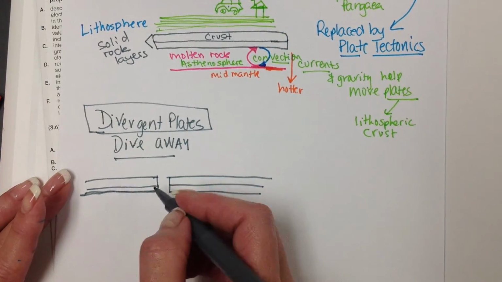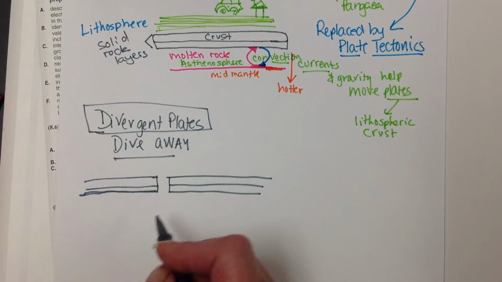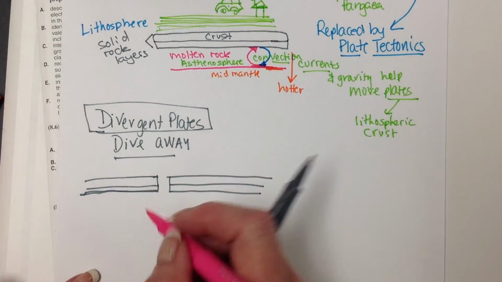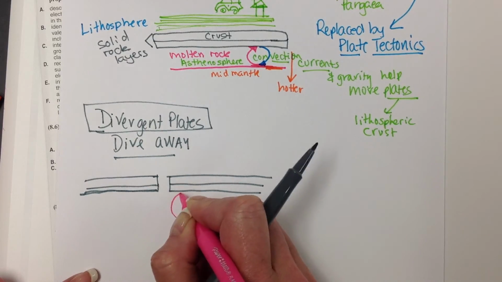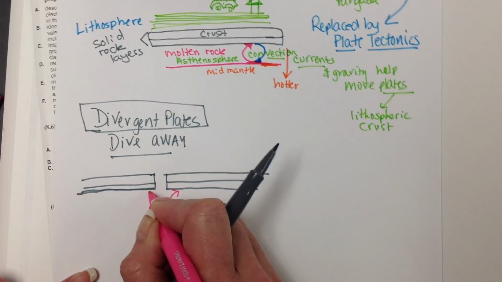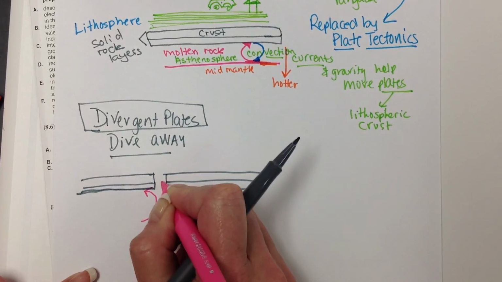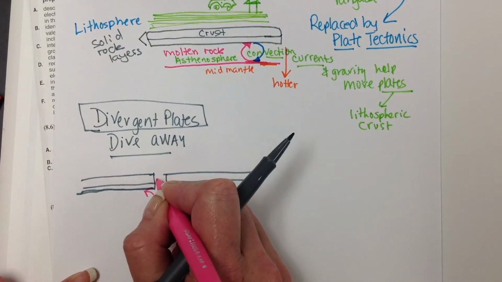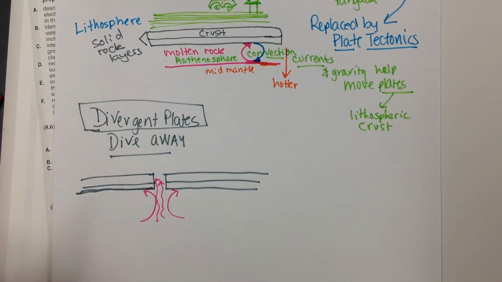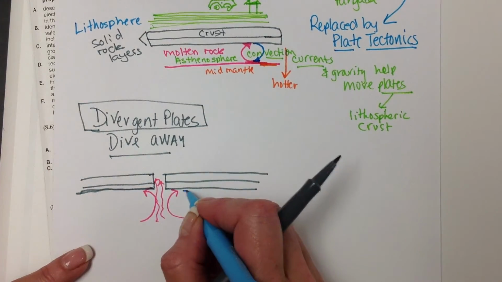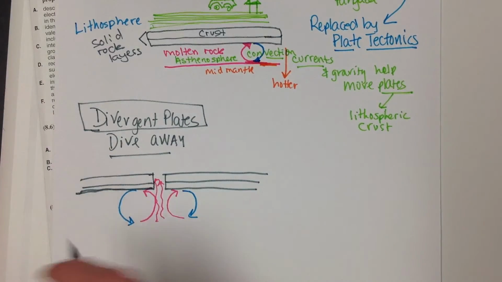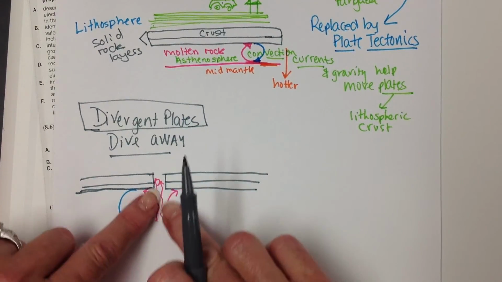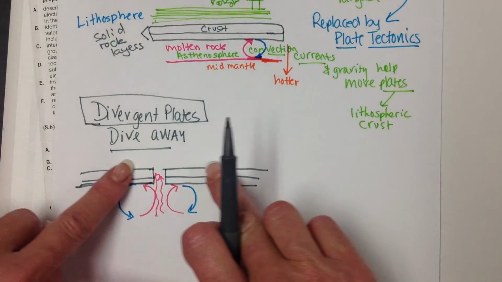And below it, remember, is that molten rock. So here's these convection currents. Got warm stuff rising, and when it gets to that upper part of the crust here, it's going to sink and cool. So you can already see how I've drawn these convection currents, that they could be moving these two away.